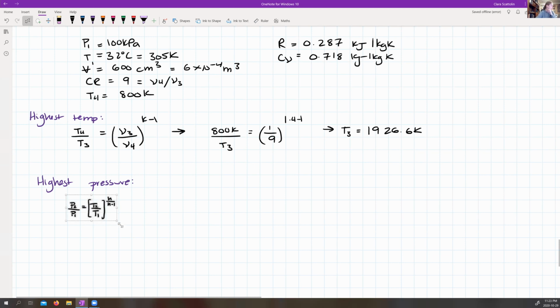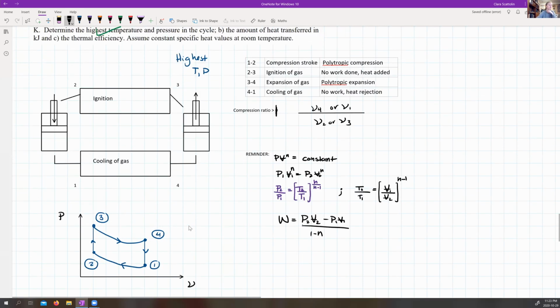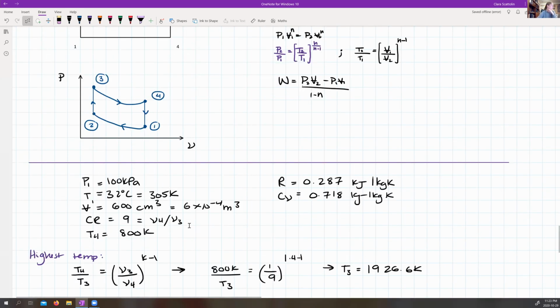So I have this relationship here for the highest pressure. So I'm going to again relate 3 and 4. Did I do that correctly? Yeah. Okay.